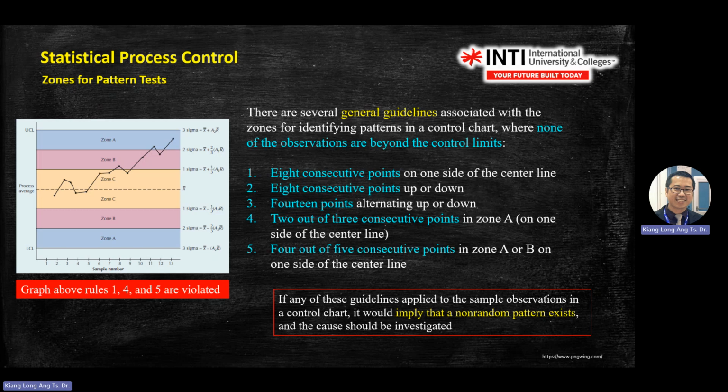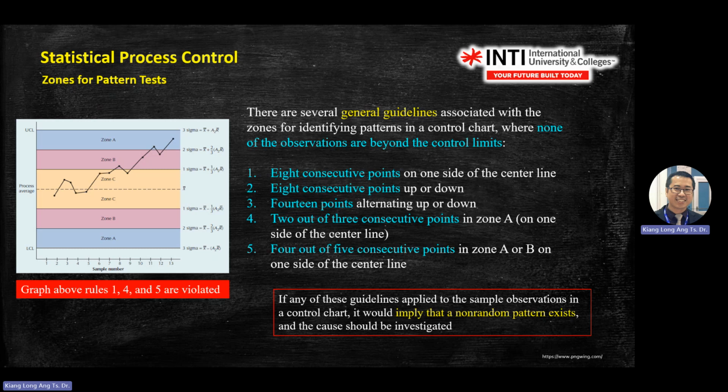Number 5, 4 out of 5 consecutive points are in zone A or B on one side of the center line. You observe one side of A and B. So this one you don't need. 1, 2, 3, don't need. 4 out of 5 consecutive points in zone A or B. You count 1, 2, 3, 4, 5.